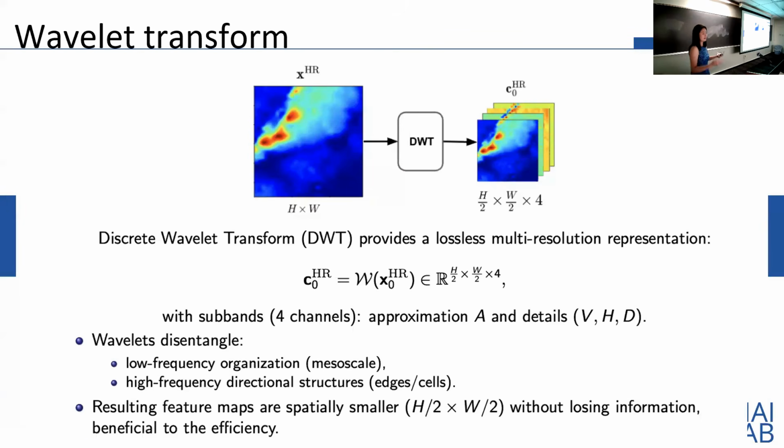We break the image down into low frequency components and high frequency components, and then we apply our diffusion model specifically on the high frequency areas, to make sure that for heavy precipitation regions we give more attention and more computational resources. Then overall we can speed up the computation.